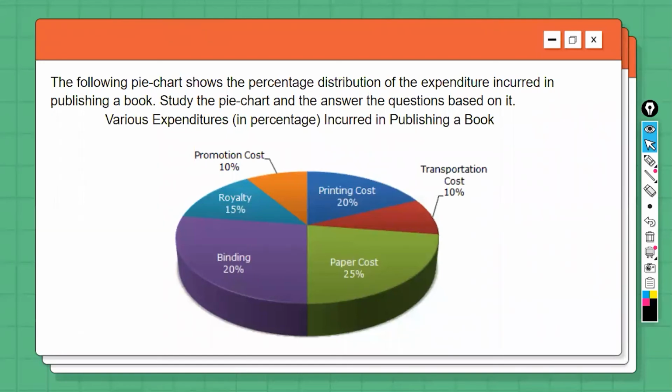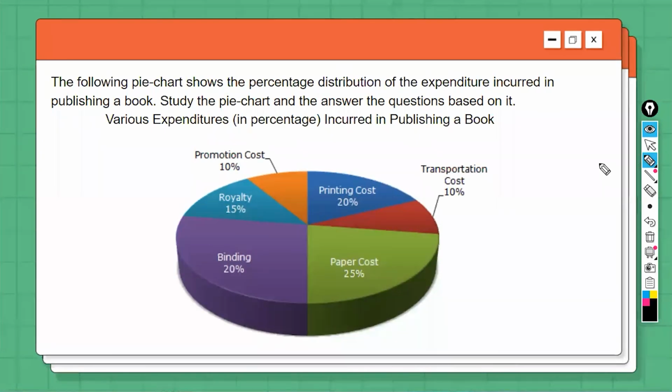Okay, great. See here, instead of giving it as a bar or line or table, they have given it in a pie format. Okay. So here, the total of all the values will be equal to 100%.